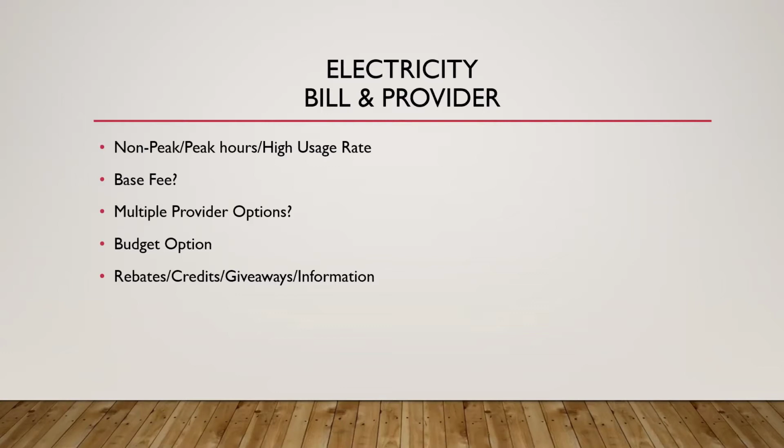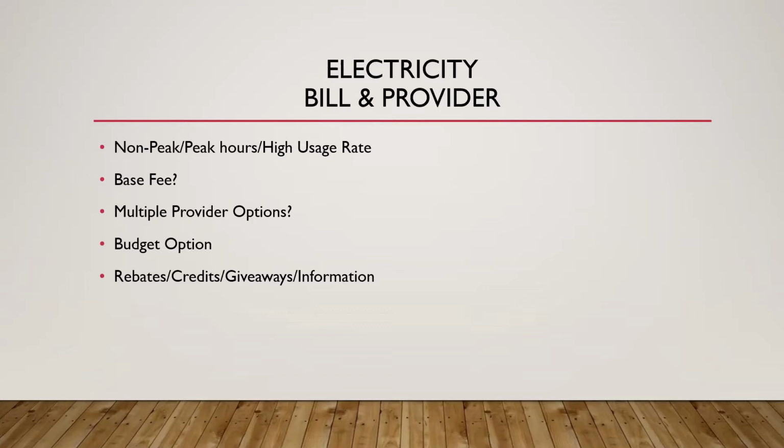But the point I'm trying to make here is that you are being charged different amounts at different times and for different usage rates. Non-peak, or the normal rate, is when you're using electricity in your house, and this is the base rate that you're going to get charged. The next would be peak hours.